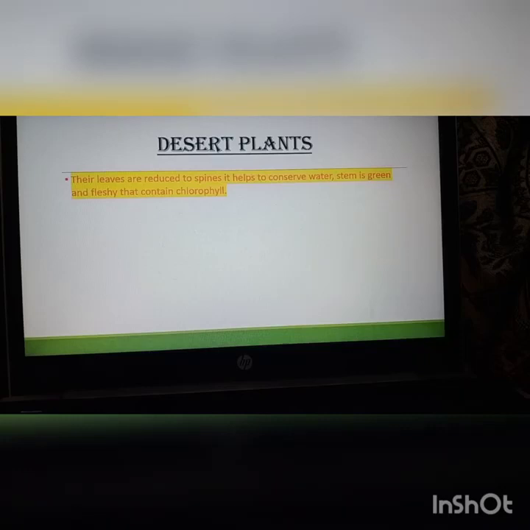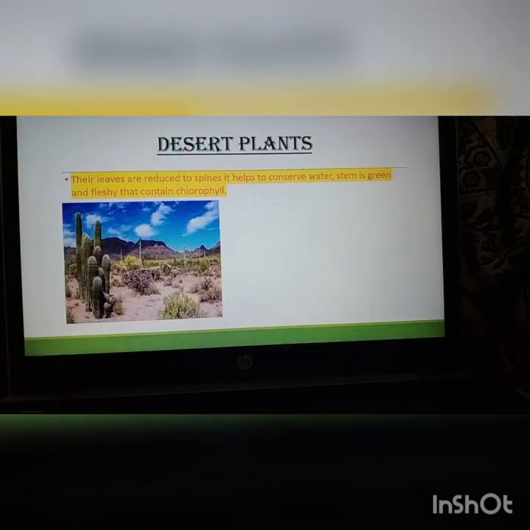So xerophytes are the plants that grow in soil that is sandy, means the soil that is made up of sand, and where water is present in very small amounts. So in that area the plants that grow are called xerophytes. Their specific features are that their leaves are reduced to spines, means they get converted into spines.